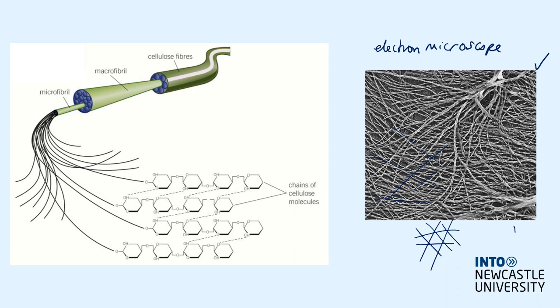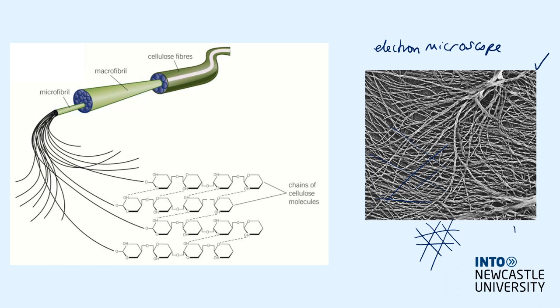And this cellulose is strong, but it does let water through it. That's going to be really important when we're talking about plant cells and how they behave under different osmotic conditions. The cellulose itself is not soluble, and it's not going to wash away when it rains on a plant, because all those hydroxyl groups that would want to hydrogen bond with water hydrogen bond within themselves.